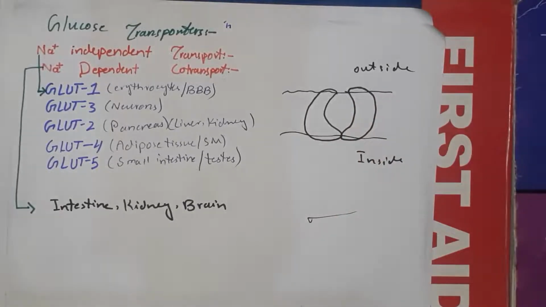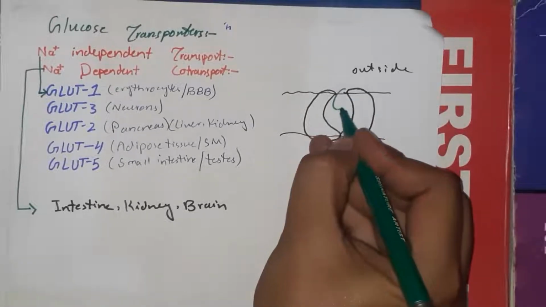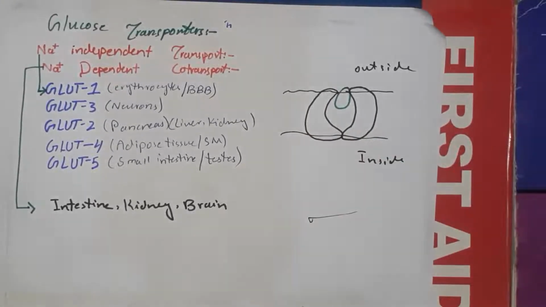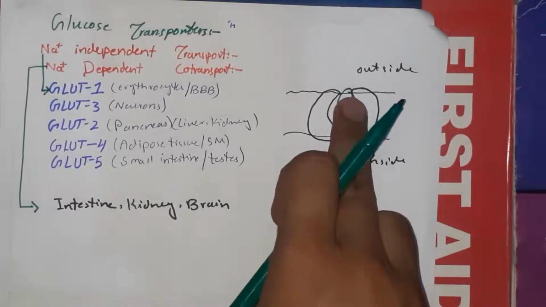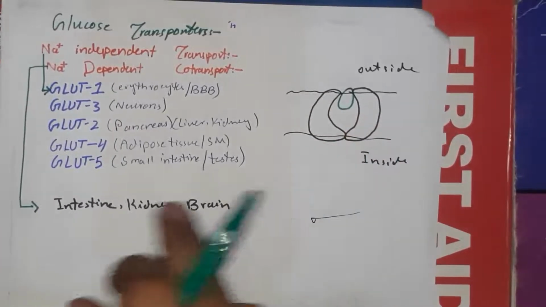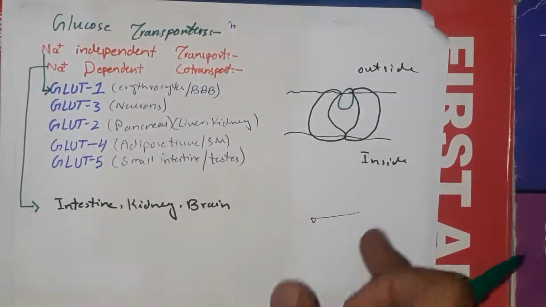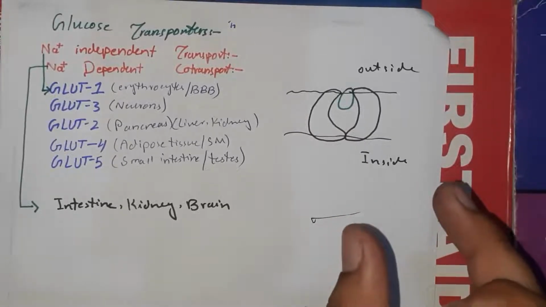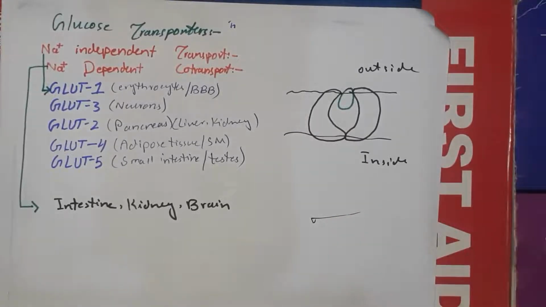So here comes your beautiful glucose molecules, and they come here, but they are blocked as the channel is closed. But when glucose binds with this channel protein or transporter, these transporters are all channel proteins which are present in the cell membrane and allow the passage of glucose through these proteins and these channels.